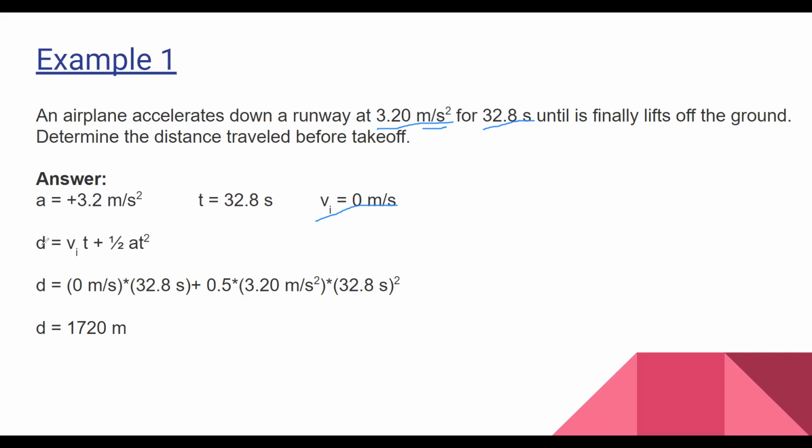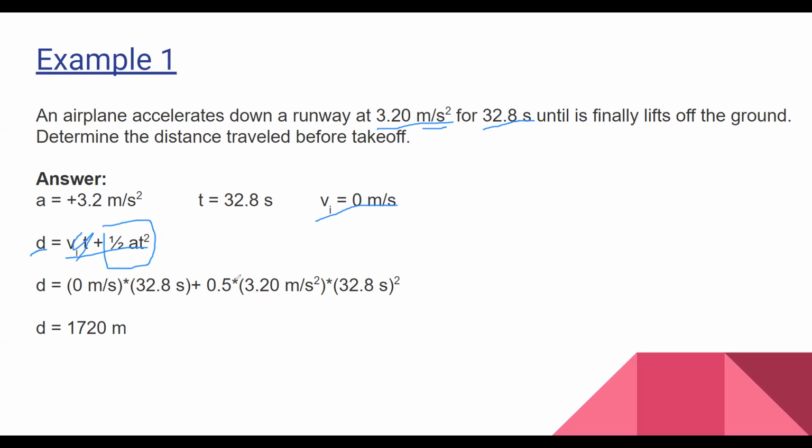So here you would use your third kinematic equation. Your displacement is equal to your initial velocity times t plus 1/2 of at squared. Since the initial velocity is 0, you get rid of that term and say that your displacement is 1/2 of at squared.